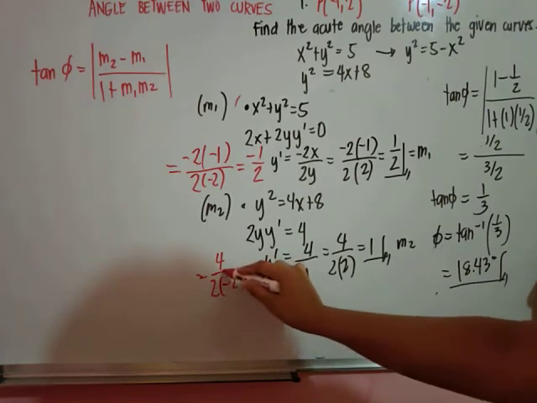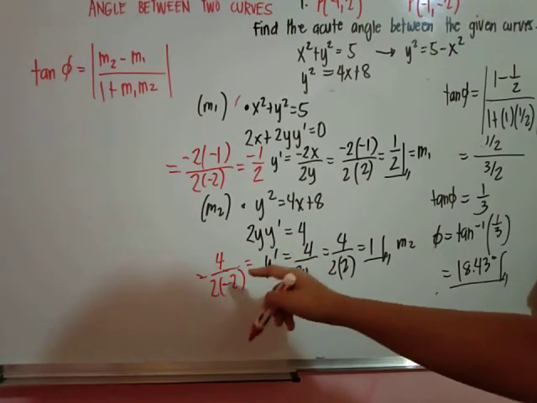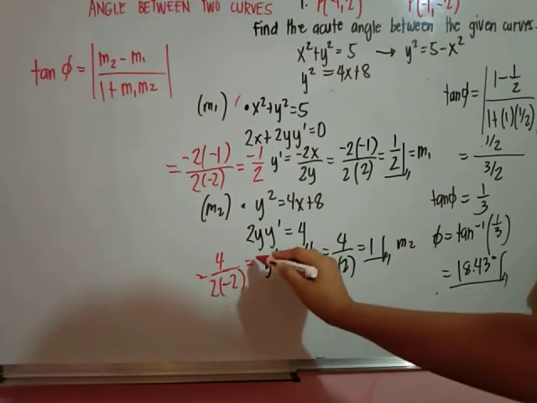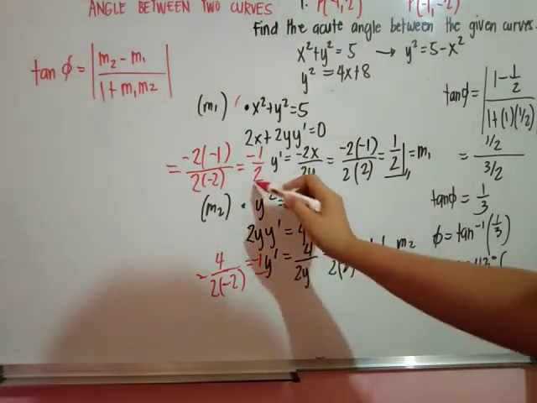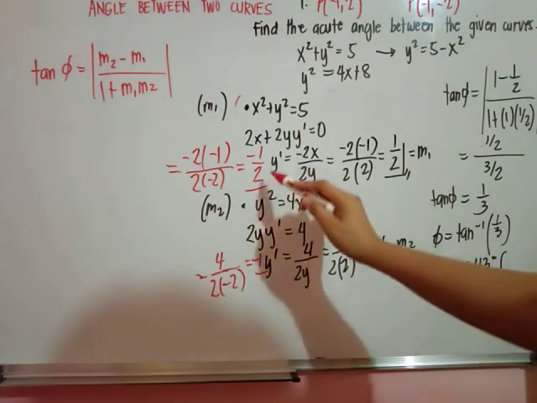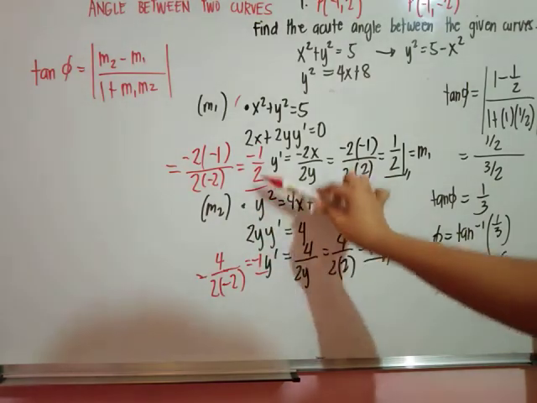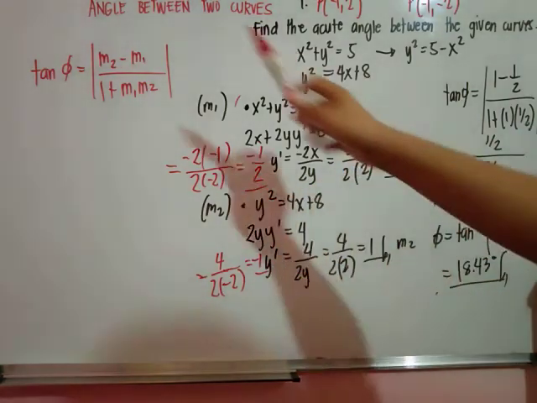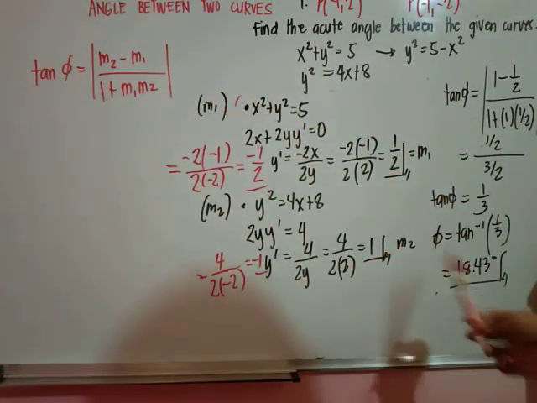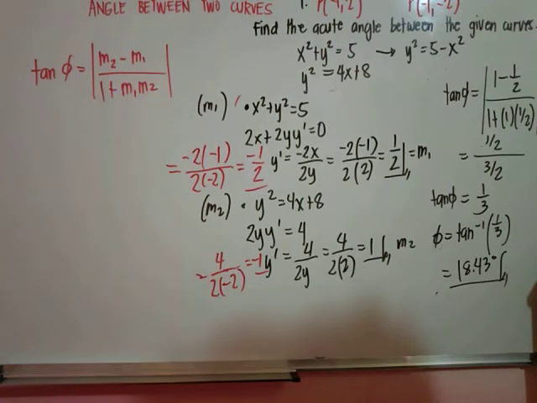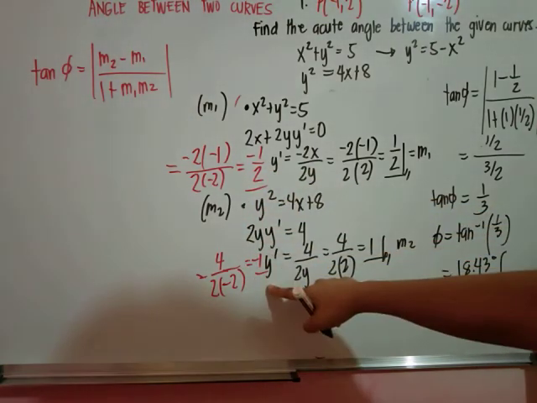So, we have 4 over negative 4 is negative 1. So, therefore, ito yung mga slope nila. So, try natin i-substitute dito ulit. Try natin kung pareho yung magiging value ng angle nila. So, we have negative 1 half and negative 1.